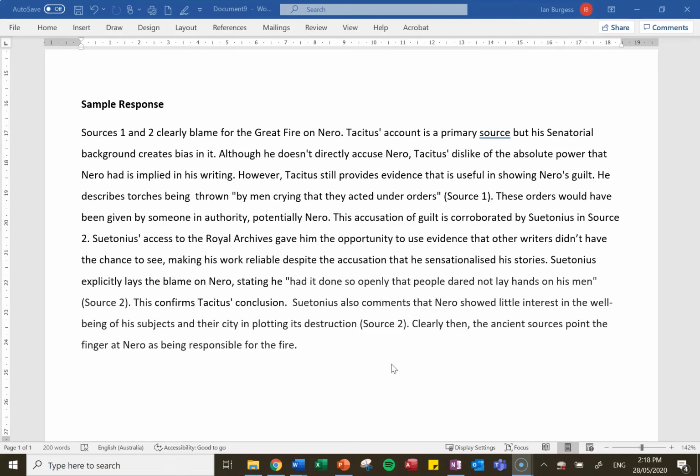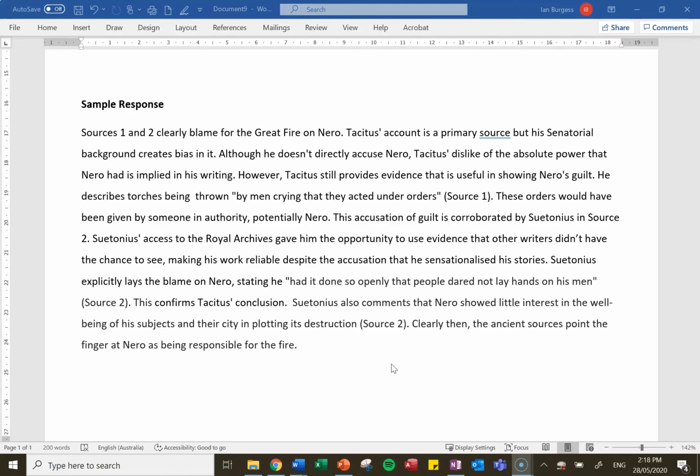However, Tacitus still provides evidence that is useful in showing Nero's guilt. He describes torches being thrown by men crying that they acted under orders. So there I've used a direct quote from the source, I've referenced it, I've integrated it into the sentence, and I've used quotation marks.